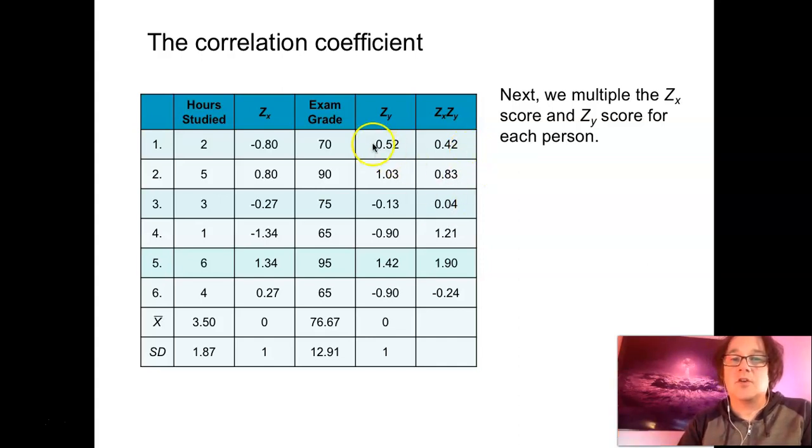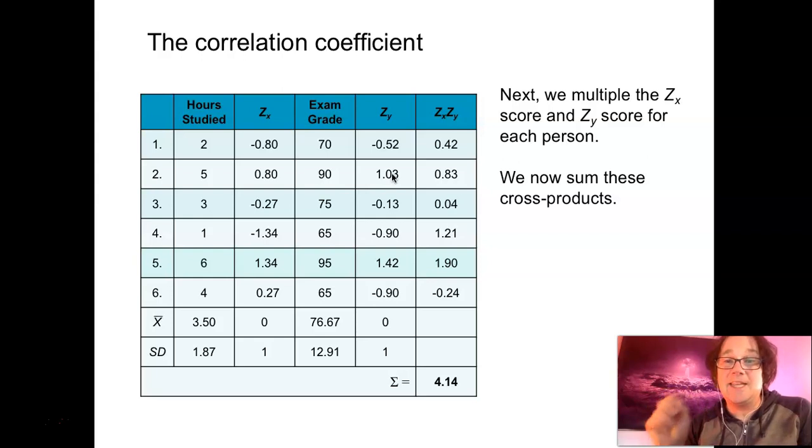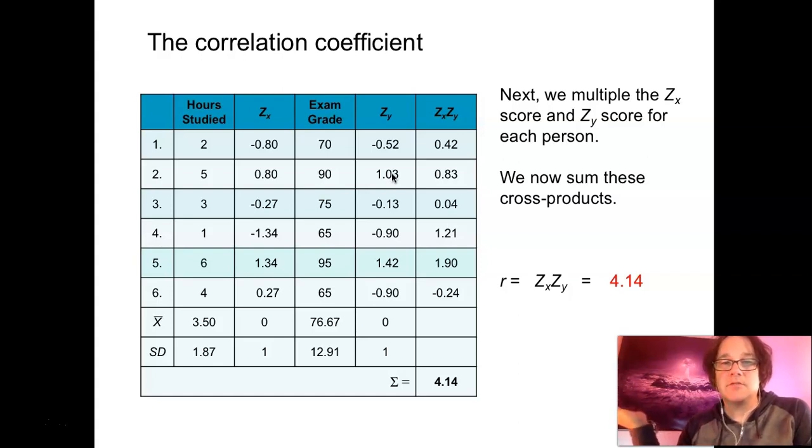All of these are cross products, the result when we multiply the z-score of x and the z-score of y for each person. Now, when we add these up, these are called the sum of the cross products, right? So we sum these up, and in this case, we end up with 4.14. So half of our equation is done now.